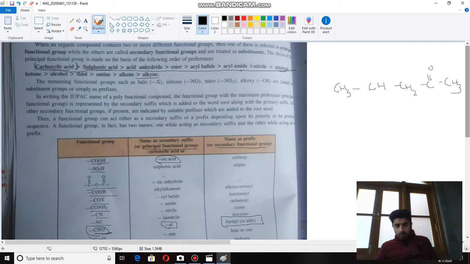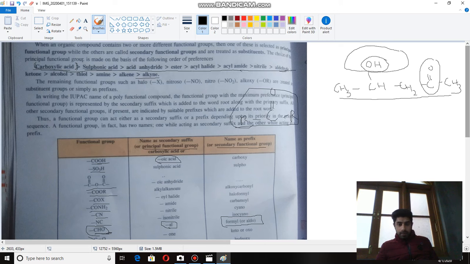Basically it's a ketone, and here it is an alcoholic group. In this compound we have two functional groups, one is this and one is this. I hope you remember this. It's like this: C double bond O, R from here and R from here. This is ketonic group and this is alcohol.